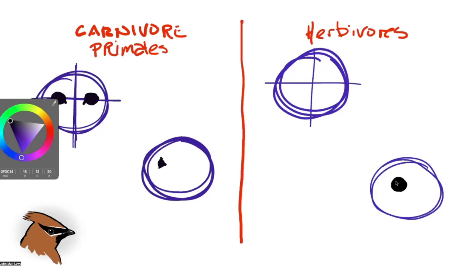So they don't get the full 360, but their eyes get a wider field of view on the side. That means when we're looking at it from the front, the eyes are out on the side.